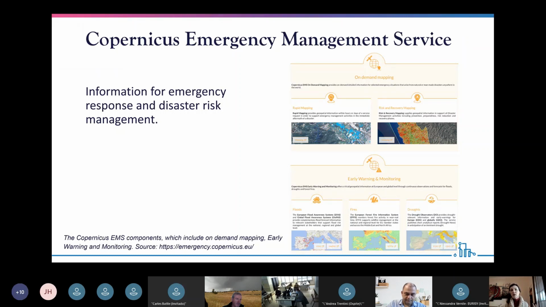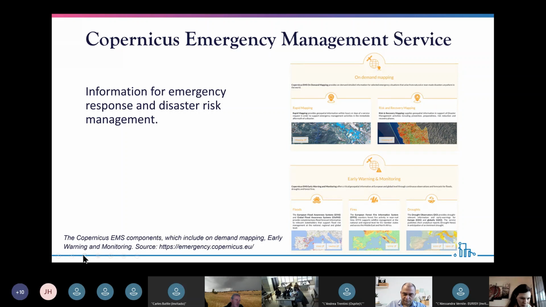Copernicus EMS is only one part of the Copernicus program, which is dedicated to emergency management. And Copernicus EMS itself is composed of different types of services that we are going to explore today, focusing more on the upper part of this figure.